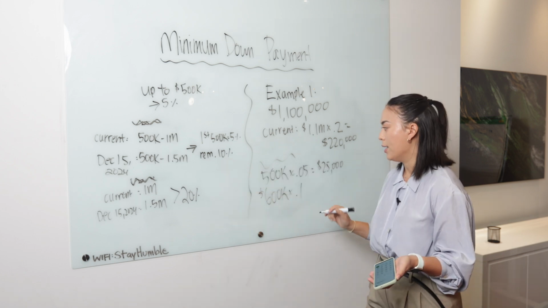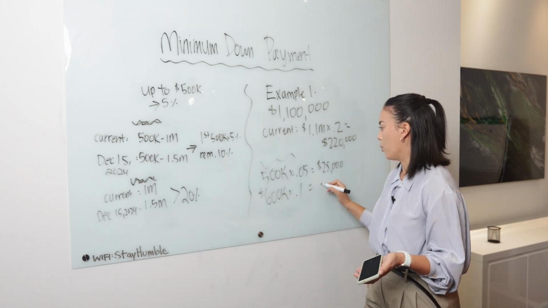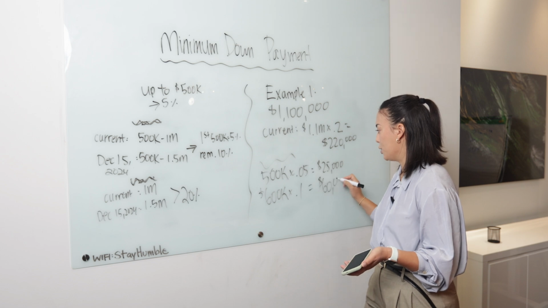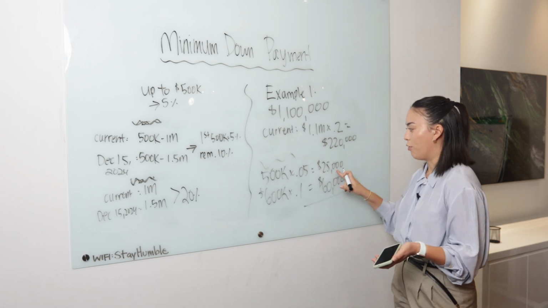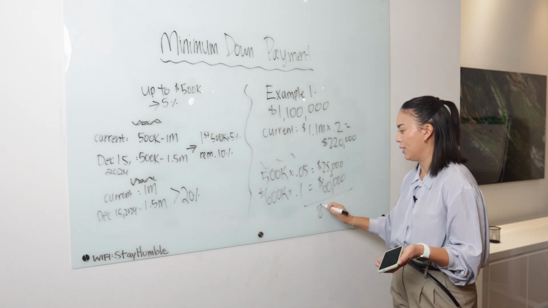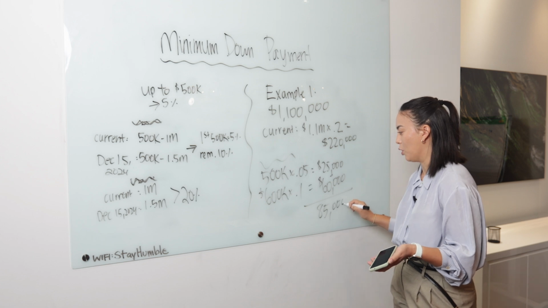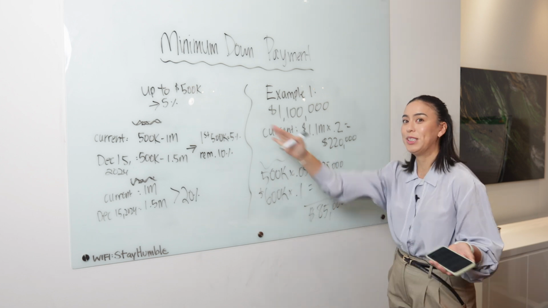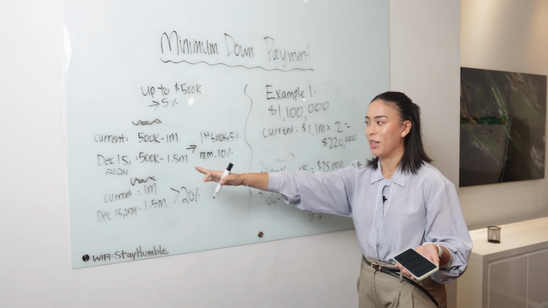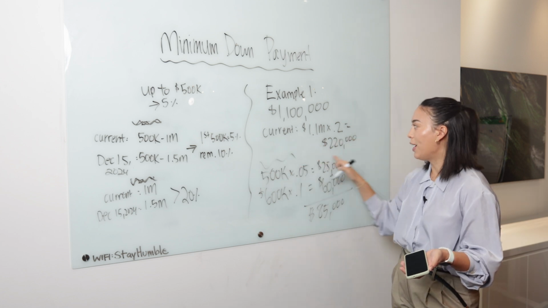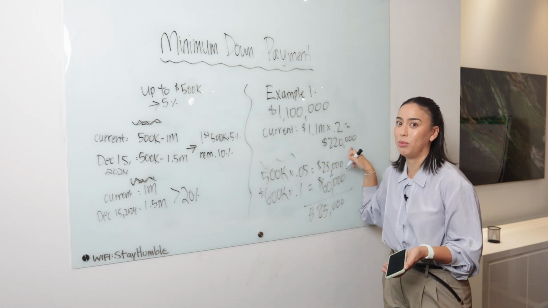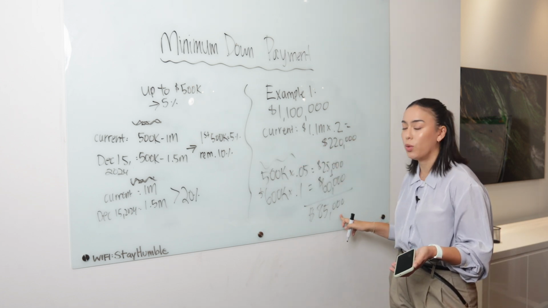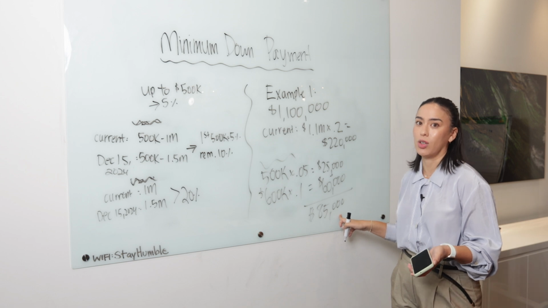So 600K times 10% is going to be $60,000. So 25,000 plus 60,000 is $85,000. That is a huge difference as of December 15th. Based on the current rules, you would have had to give $220,000 as your minimum down payment. Now you only have to give $85,000.